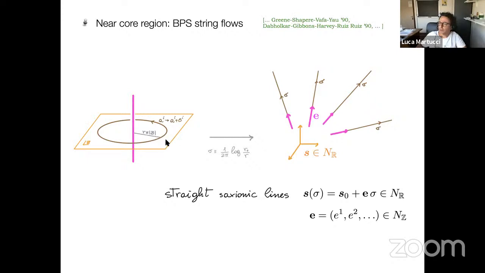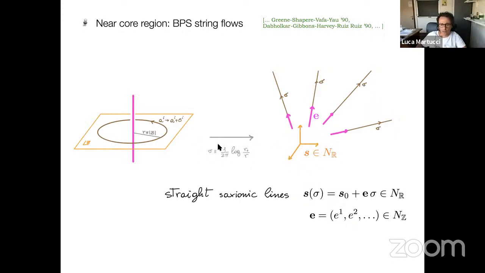For this talk, it is important to realize that if we focus on the saxionic sector, on the flow of the saxions which characterize a given perturbative regime, then these saxions will flow, as we approach the string in the radial direction, towards straight lines in the saxionic plane.